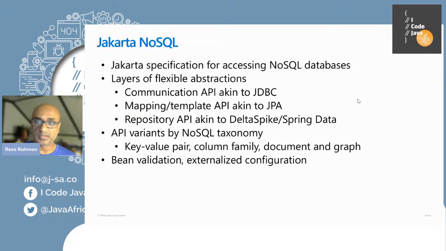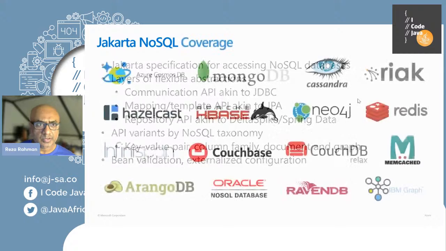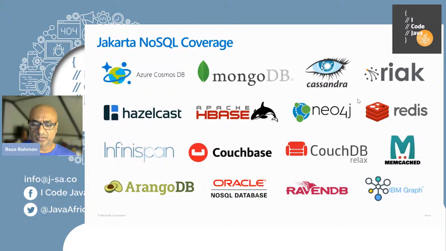Just like in JPA, with Jakarta NoSQL you can configure your NoSQL provider using basically name-value pairs. And again, I'll show you an example of that in a moment. Okay, so that's about enough of an introduction.